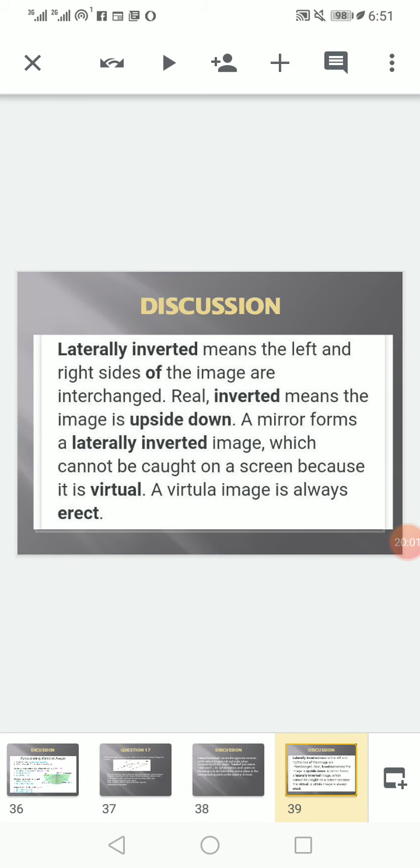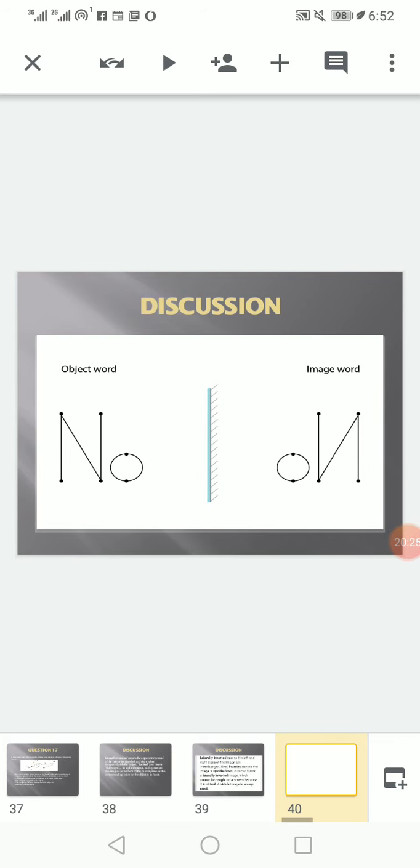Laterally inverted means the left and the right side of the image are interchanged. Real, inverted means the image is upside down. A mirror forms a laterally inverted image, which cannot be caught on the screen because it is virtual. A virtual image is always erect. So this is what a lateral inversion looks like.